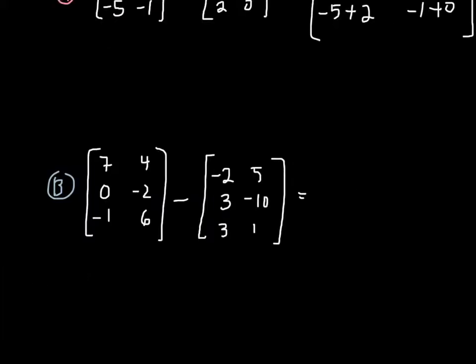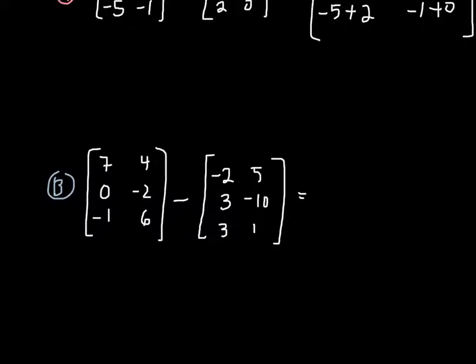So for problem B, we're not only subtracting this time, but we have a different matrix. It has different dimensions. So we're still going to follow the same pattern, solving each corresponding element that is in the same position.